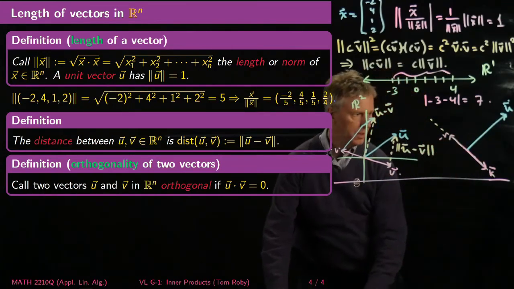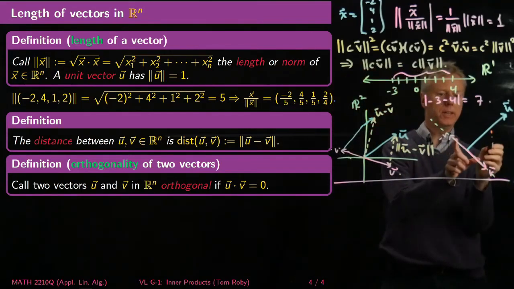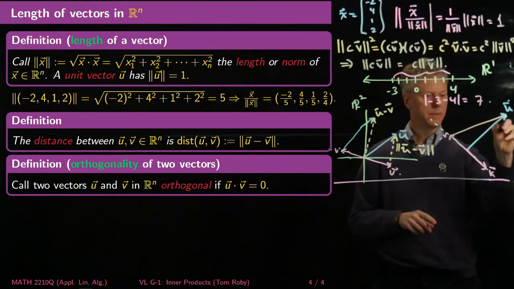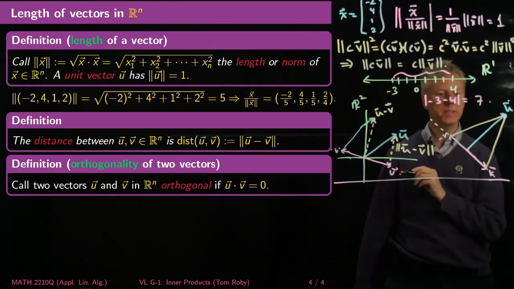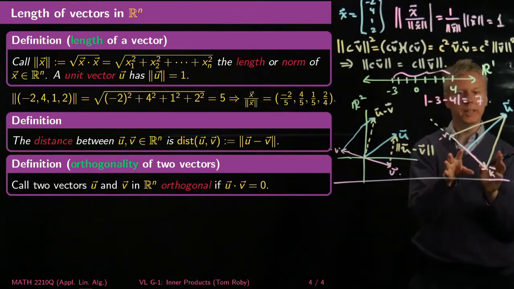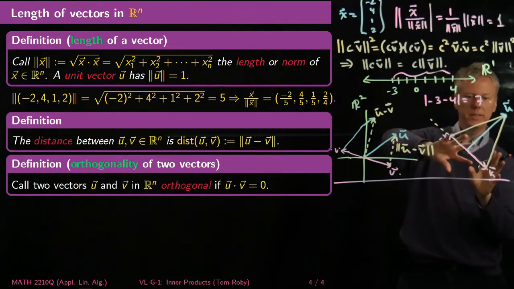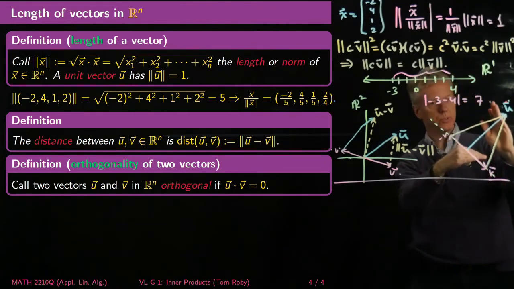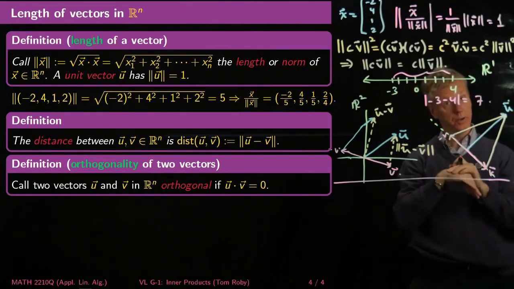And so I can imagine that I've got this whole line here. For u and v to be perpendicular, what that really means is that this distance and this distance have to be the same. Try to convince yourself geometrically that that makes sense: if this line, instead of being perpendicular, were rotated some, then this distance would be shorter and that distance would be longer.